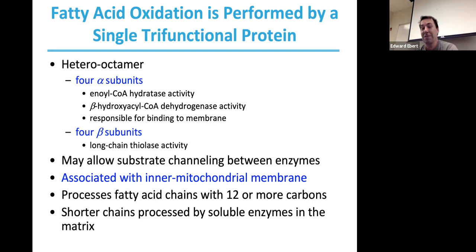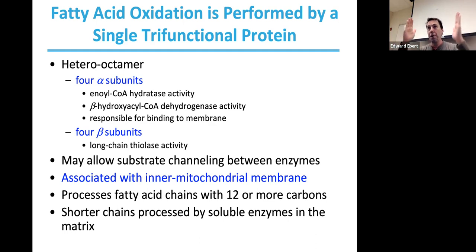So basically it's this big trifunctional protein with multiple subunits that will have all sorts of reactions. The neat thing about it being a single trifunctional enzyme is it's easy to regulate, and you have all these processes right beside each other. So it can be this nice little assembly line that's going down the chain.